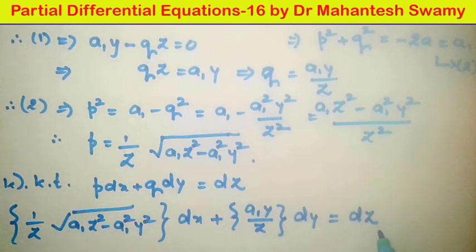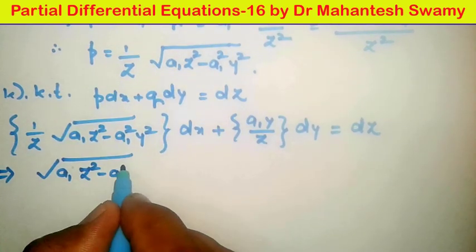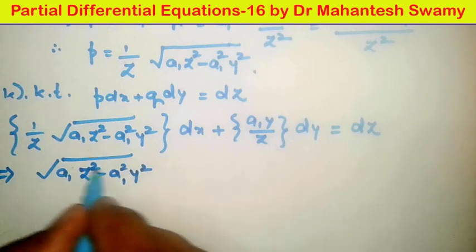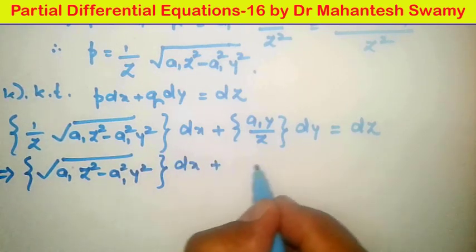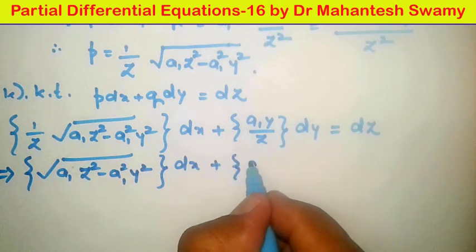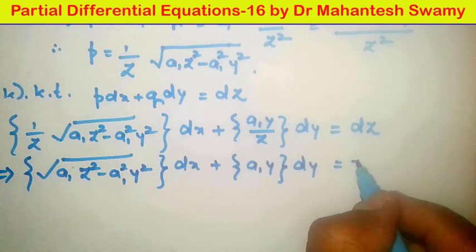So if we cross multiply this z here, after taking common and cross multiplying, we will be having the terms on left hand side will be square root of a1 z square minus a1 square into y square dx plus a1y into dy equal to z dz.